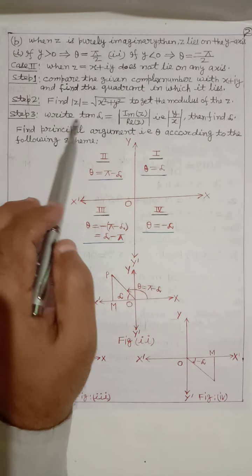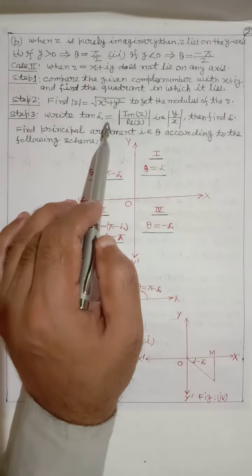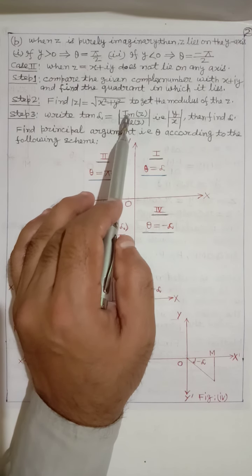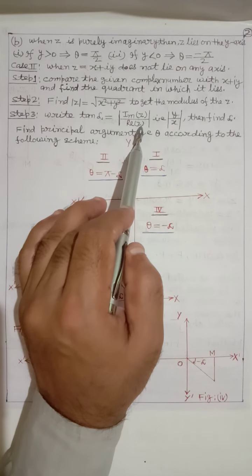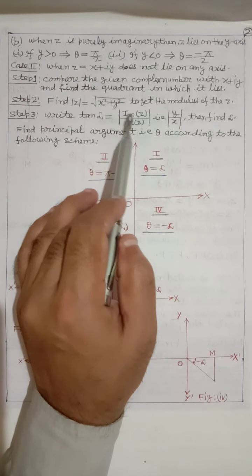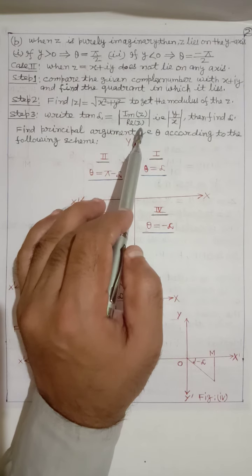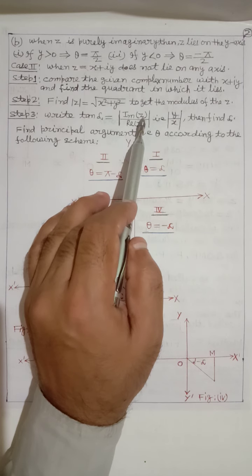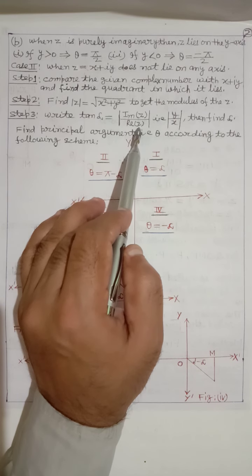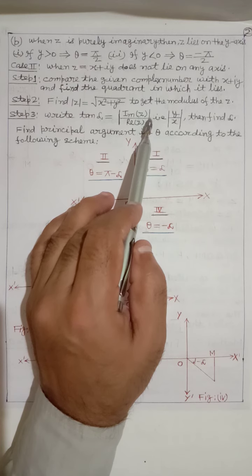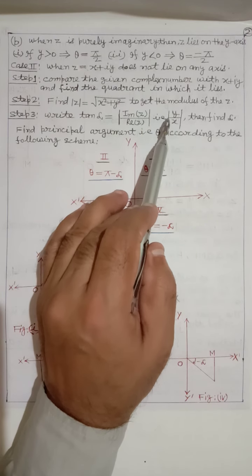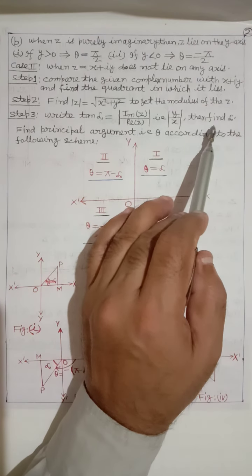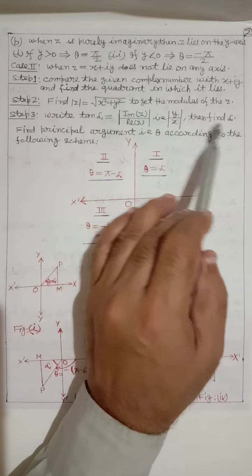Step 3, write tan alpha equal to modulus of imaginary part of z by real part of z, that is mod of y by x. Find alpha.